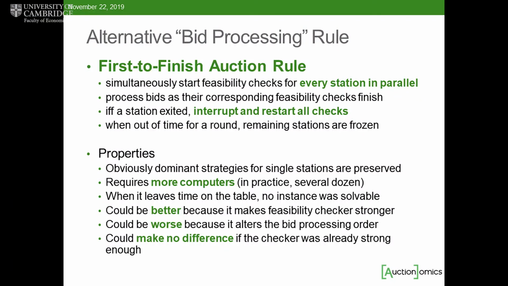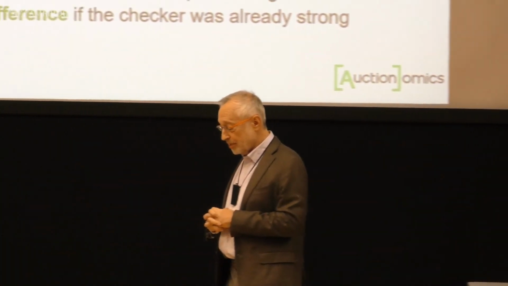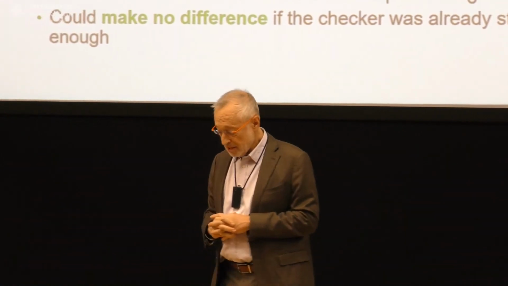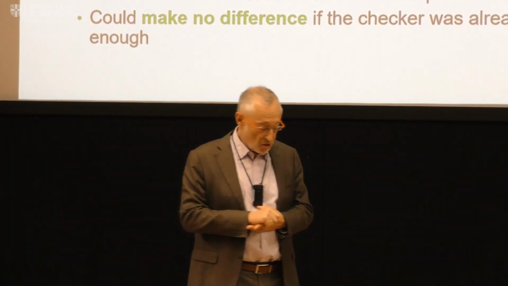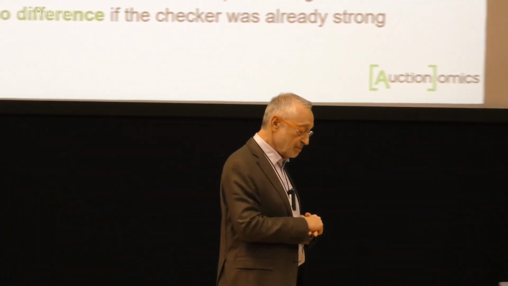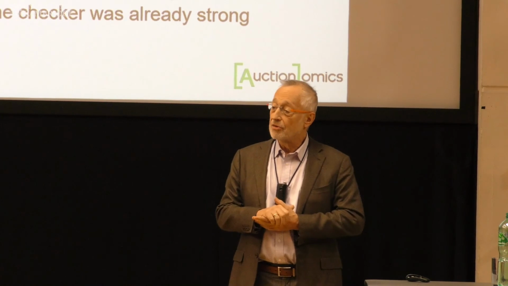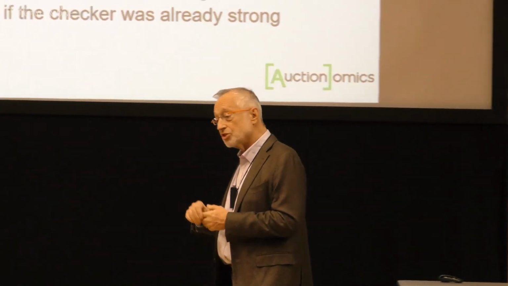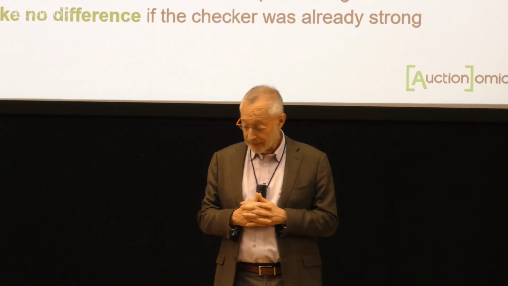Okay, now this is actually my favorite of the whole thing, and I'm looking forward to telling you just a little bit about this one. Another rule that we put in place actually combined the economics and the computer science. The computer science says we're trying to solve these problems that are very hard, and during the course of the auction, we're processing the stations one at a time.